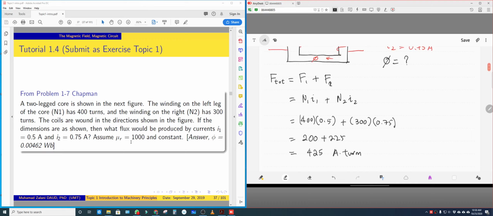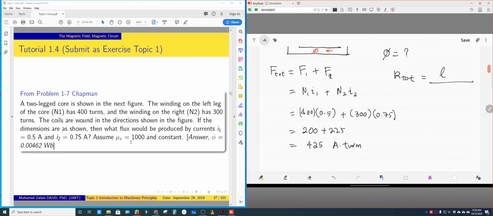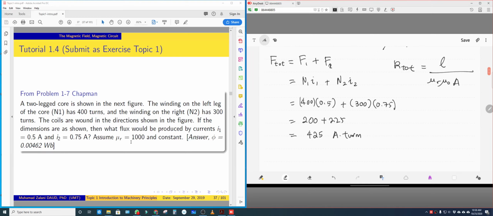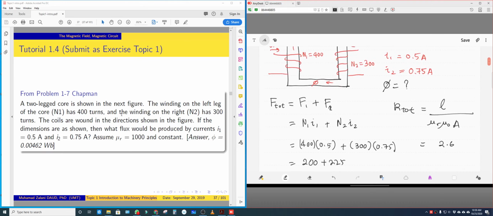Then we find the total reluctance. Total reluctance is given by this equation: L, which is the mean path, divided by mu r, mu naught, and A, where A is the cross-sectional area of the core. So we get 2.6 for the mean path.